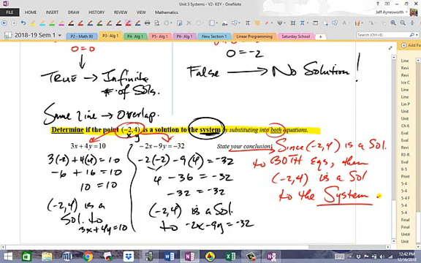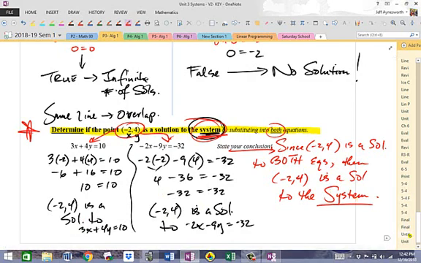Now, not everybody wrote that down. You wrote down whether it's a solution here and here on the individual equations, but you haven't told me whether it is a solution to the system, and that's what the question was asking. It says, determine if a point, -2 comma 4, is a solution to the system, all right? And because it was a solution here on the first one and the second one, then it's a solution to the system.